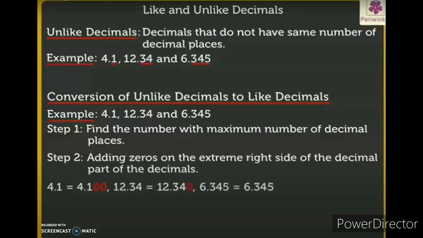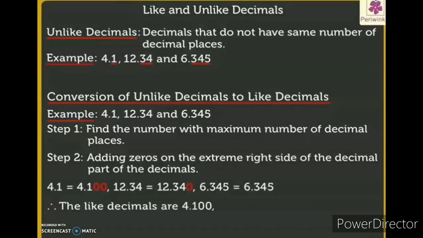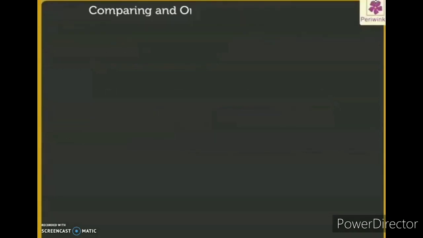Then 6.345 stays as it is. So thus, the like decimals are 4.100, 12.340 and 6.345. You can see after the decimal point, all the numbers have three places.